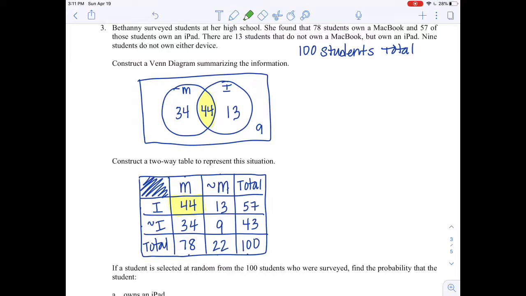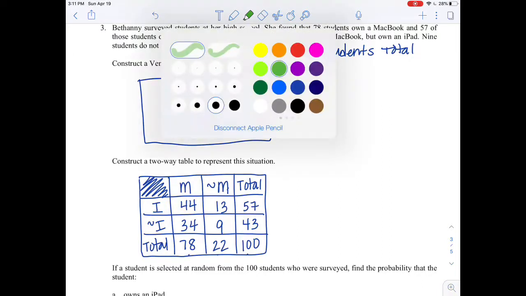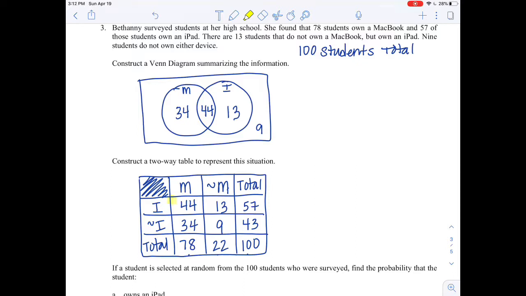I'm going to get rid of some of these colors. I also want to point out that if you were to add up these 4 boxes, just like when you add up everything inside the sample space, this adds up to be the same as the total. This also adds up to be the same as the total.